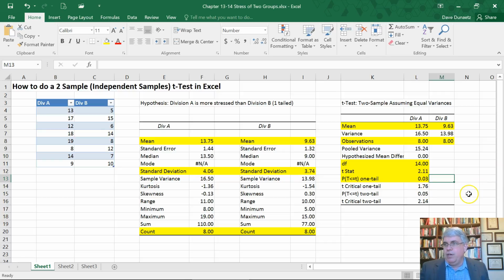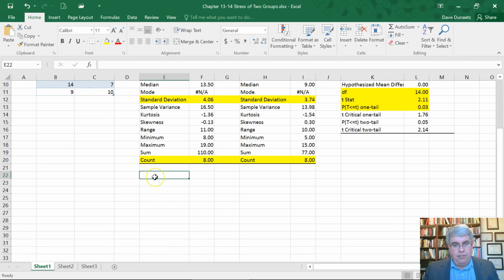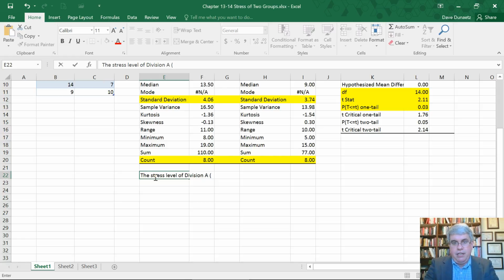So how would we write this up in APA format? We could do something like this. The stress level of Division A. Now we want to report the key descriptive statistics for A. The mean, and then space, equals, space, because you always put spaces around the equal sign, like it's a separate word. 13.75.